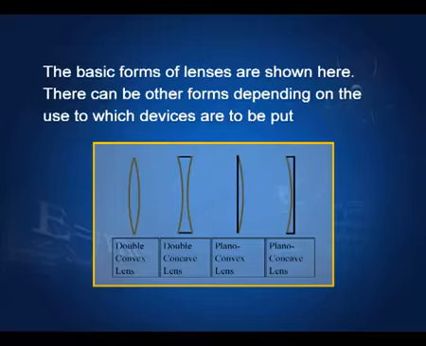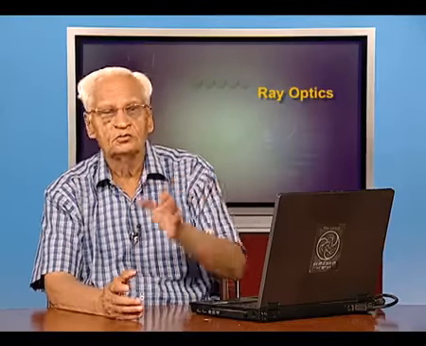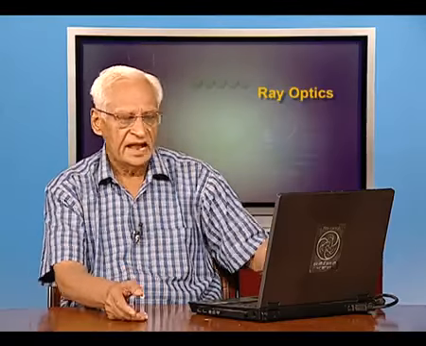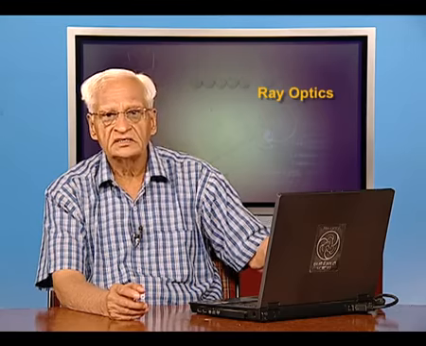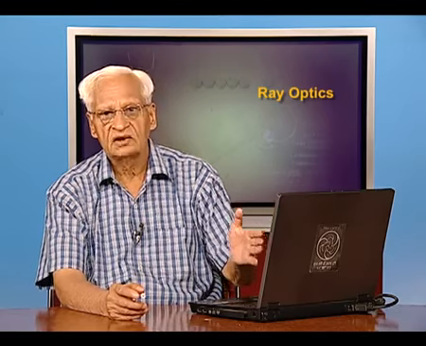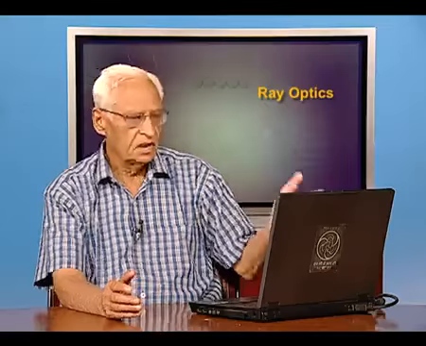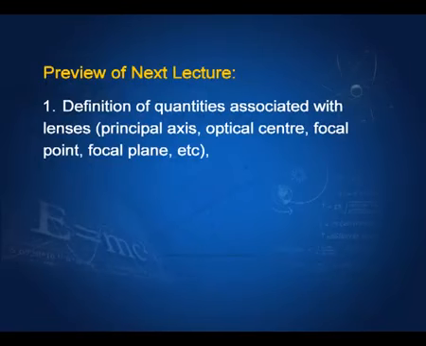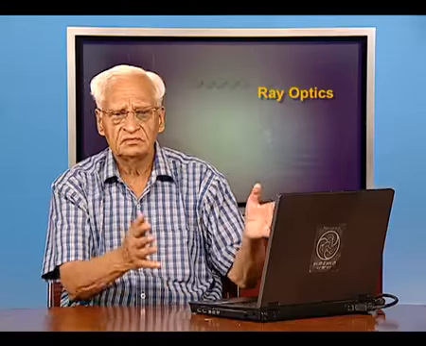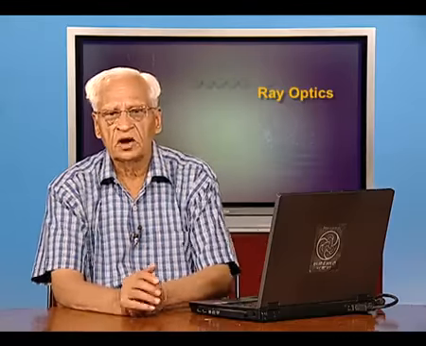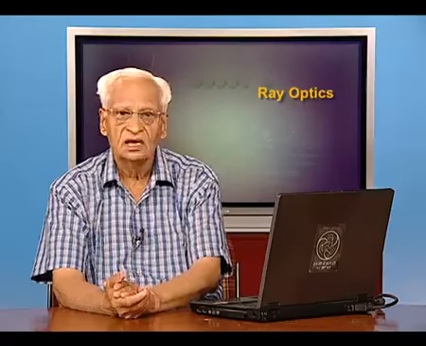In the next lecture, we will continue with the same discussion and will define quantities related to lenses. And what are these quantities? These are principal axis, optical center, focal point, focal plane, etc., some of which have the same connotation as they have for the mirrors.